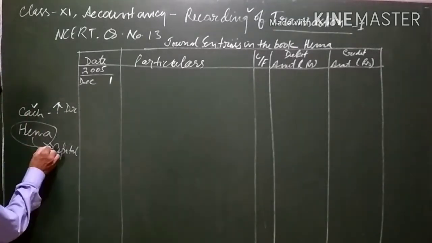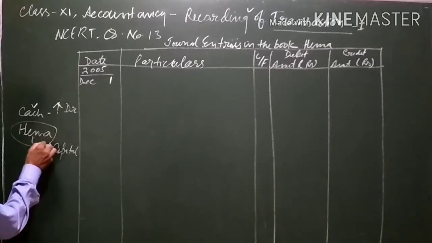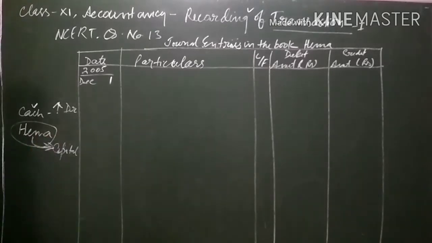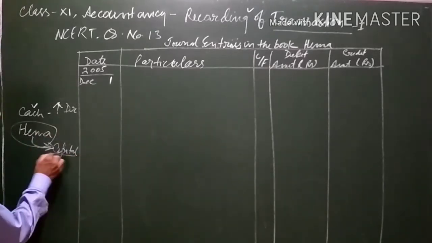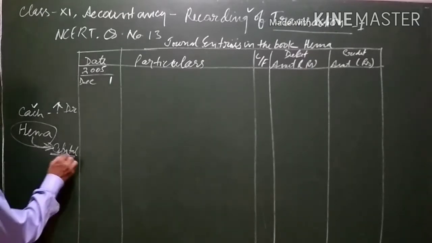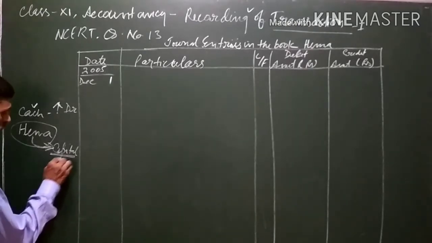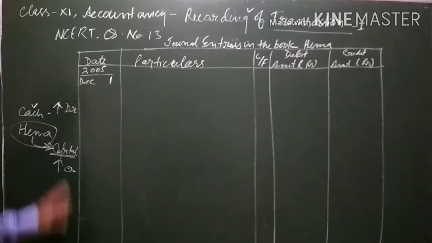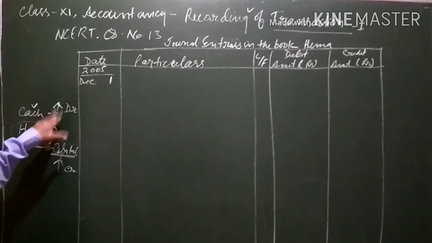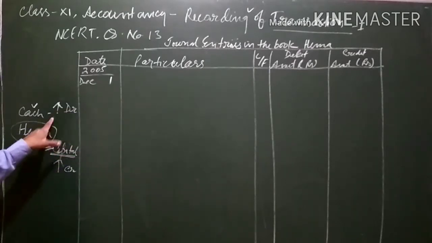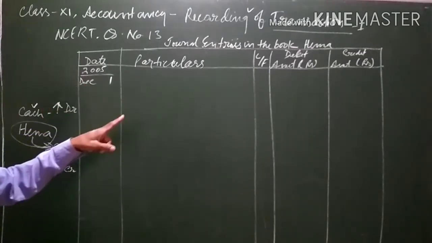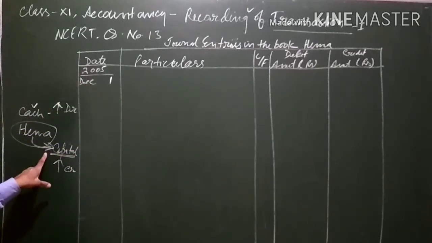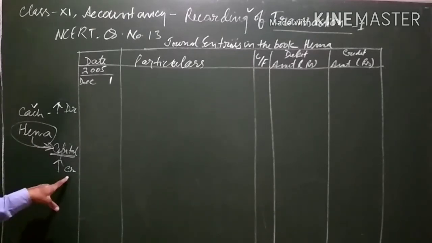Here Hema has started the business, so Hema's share in the business will be represented by capital. The rule for capital is, if capital increases, it is credited. So our entry will be, first of all, while passing a journal entry, you have to write the debit account and amount, and thereafter we write the credit account as well as amount.